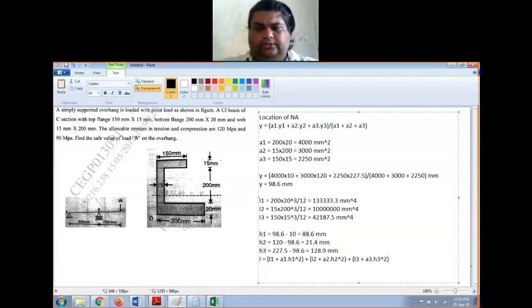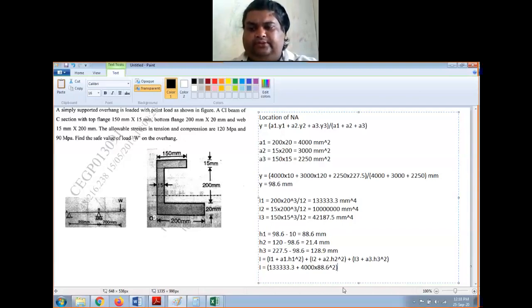So now I have to substitute the values. I1 is this much plus A1, which is 4000, into H1, which is 88.6 square.